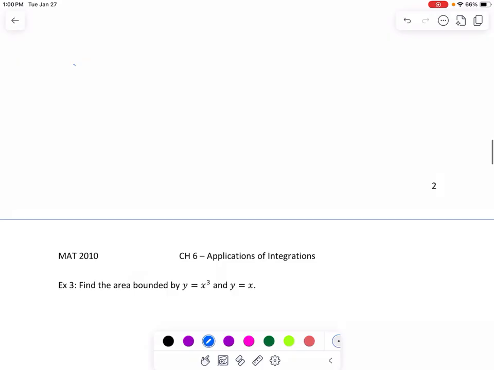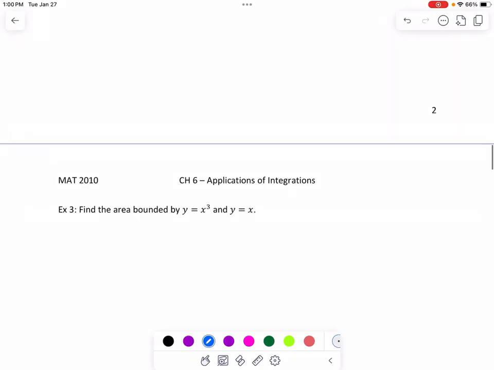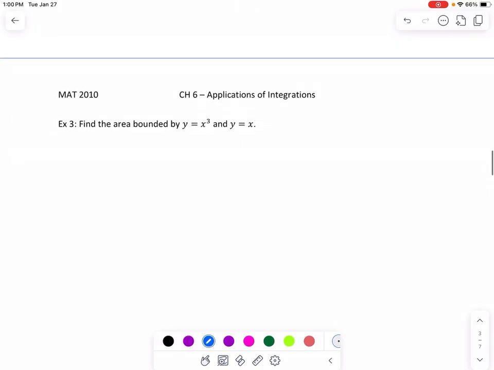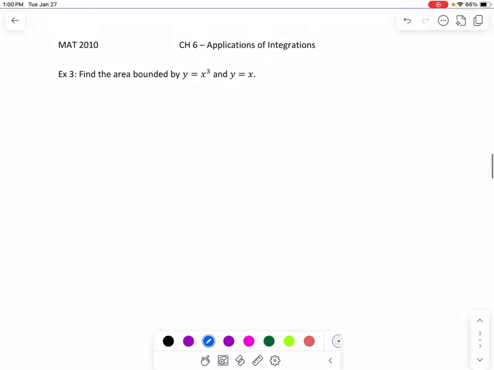It says find the area bounded by y is equal to x cube and y is equal to x. Again, we are not given any bounds, and we are not told which one lies above. Now in this case, we can easily draw our function.